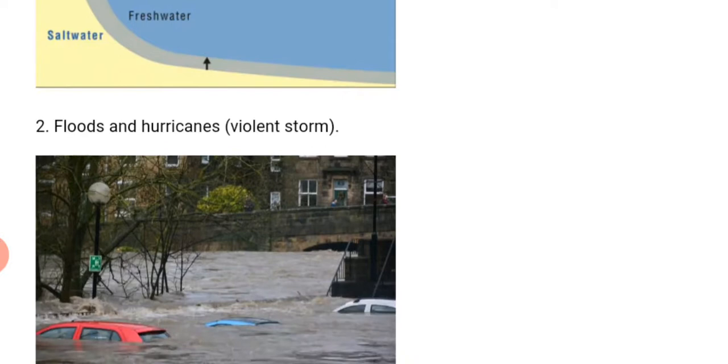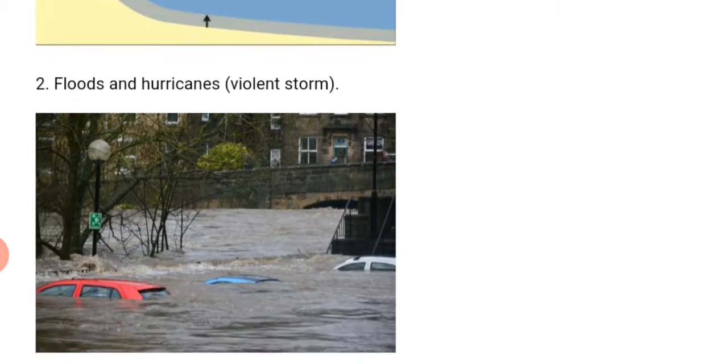2, flood and hurricanes. That is, the water overflows its banks, which can cause hazard to the people and animals. If you look at the picture before us, you can see what floods cause. It moves away from its river bank, and comes to the street.